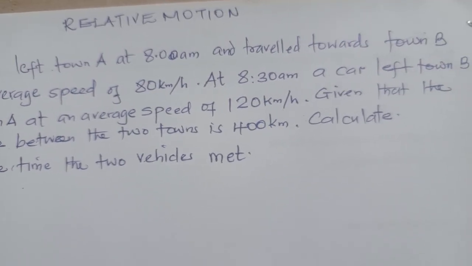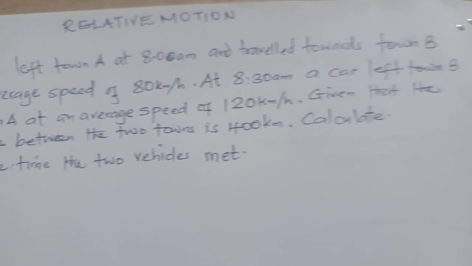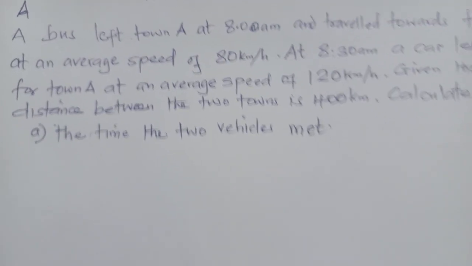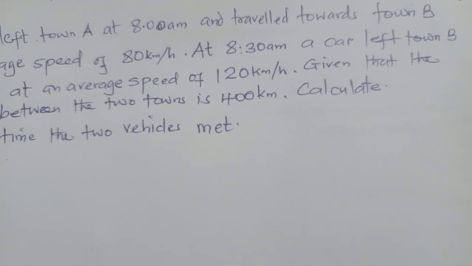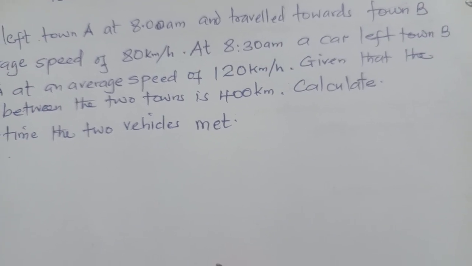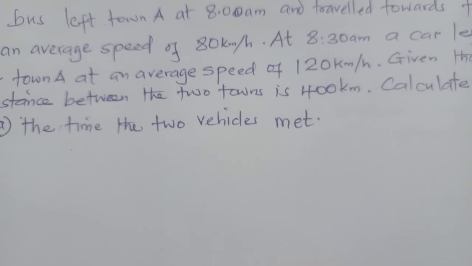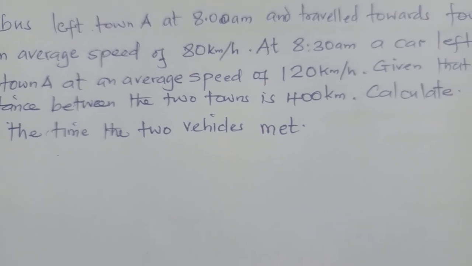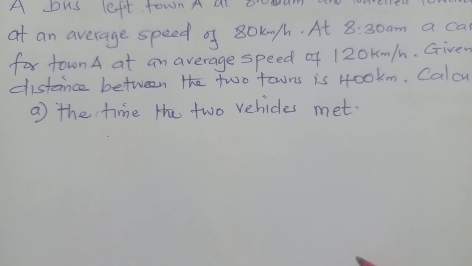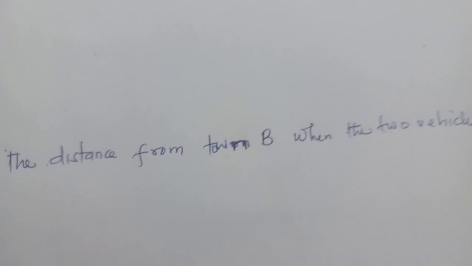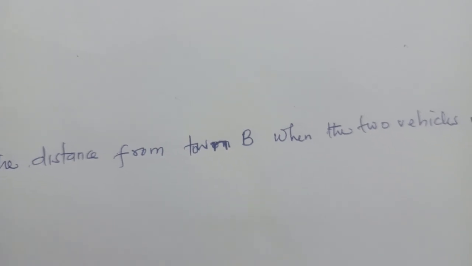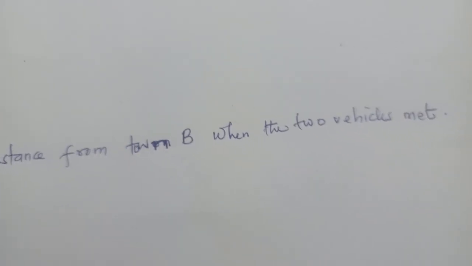At 8:30 a.m., a car left town B for town A at an average speed of 120 kilometers per hour. Given that the distance between the two towns is 400 kilometers, calculate part A, the time the two vehicles met, and then part B, the distance from town B when the two vehicles met.